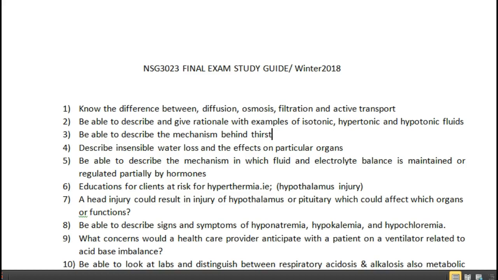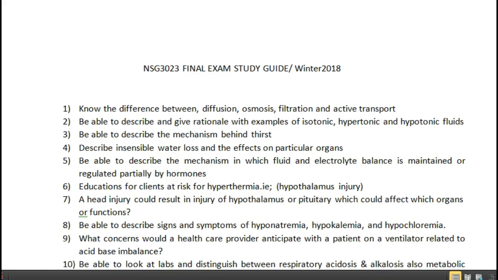Active transport requires energy, so always know that active transport is the energy-requiring movement of electrolytes or other substances across cell membranes against their concentration gradient. That's from an area of low concentration to an area of higher concentration.